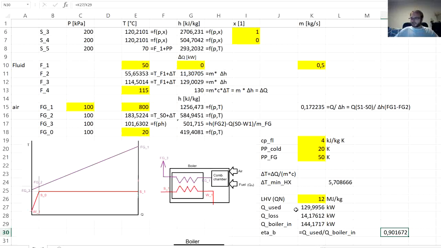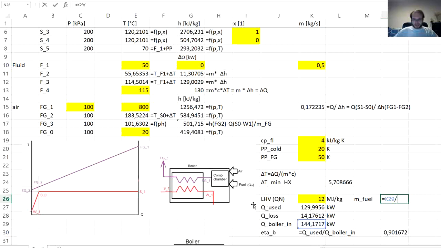Okay, and the last task was to estimate how much fuel is needed. So the lower heating value of the fuel is 12 megajoule per kilogram. So the mass flow rate of the fuel, let's put it here, is the heat that needs to go into the boiler.